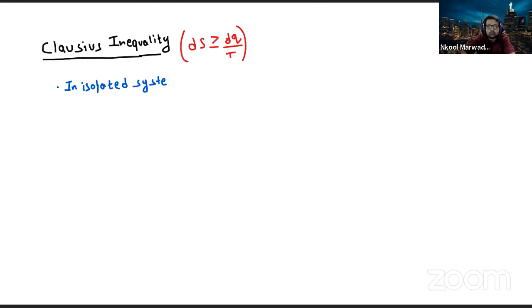That is understood, because the formula of delta S is delta Q by T. The definition of an isolated system is no heat transfer, no matter exchange, so delta S will be zero.